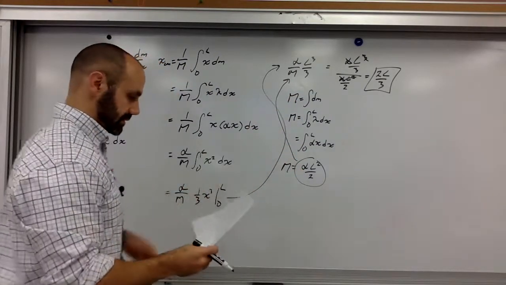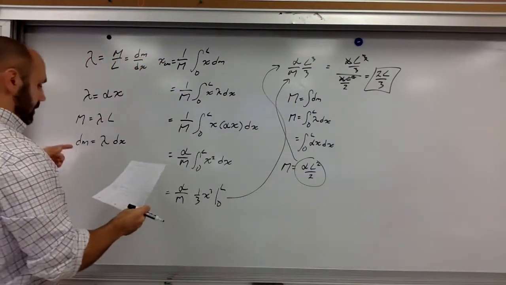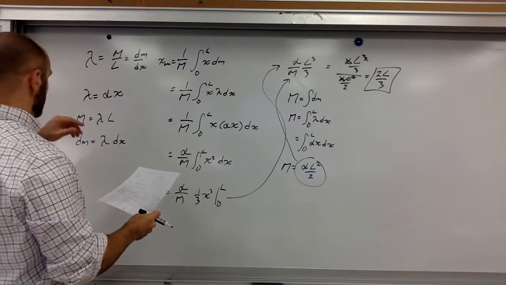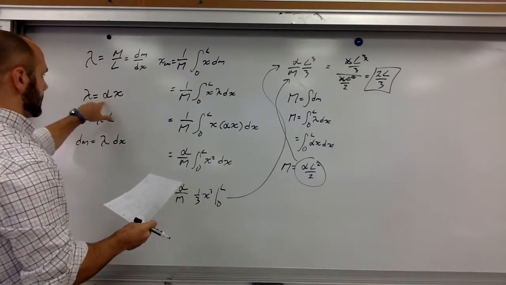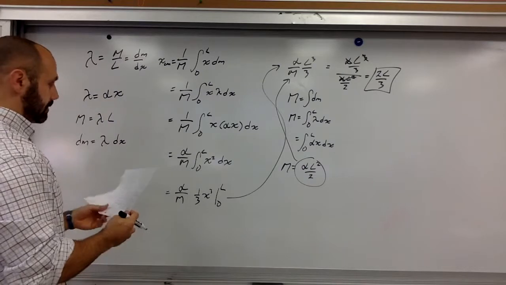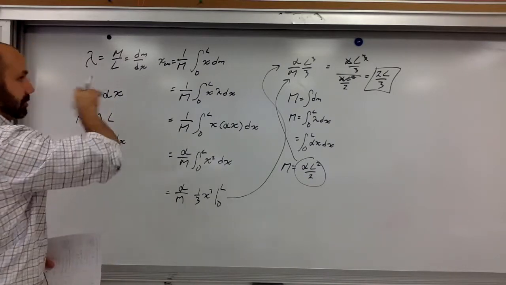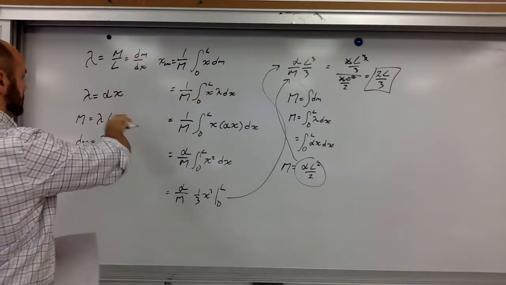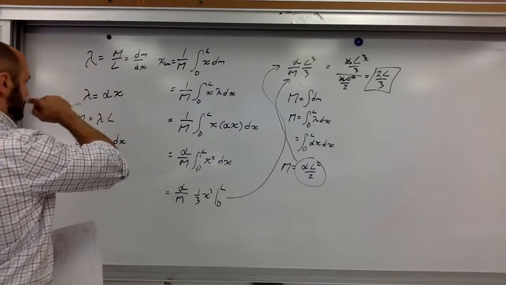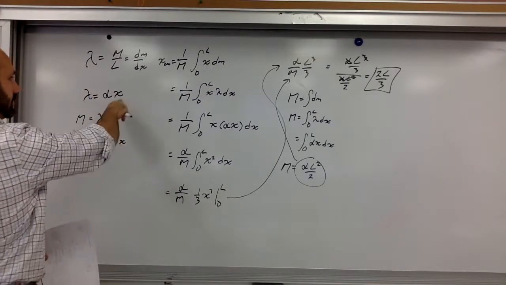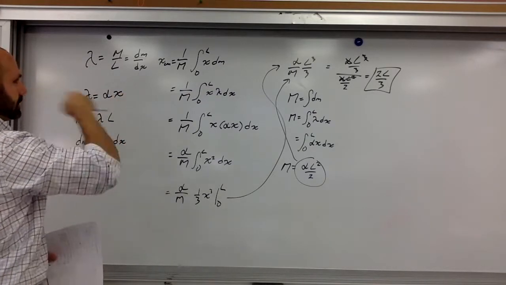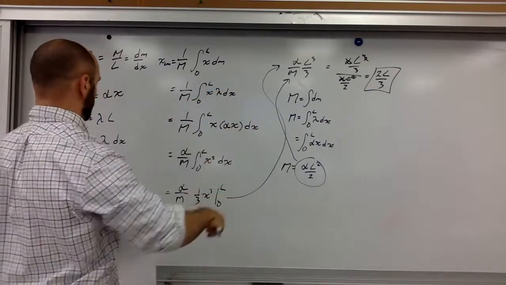If you repeat this, and let's say that instead of this being alpha x, let's say it's alpha x cubed. So before it was just constant. Here x has an exponent of 1, and we end up with 2L over 3.